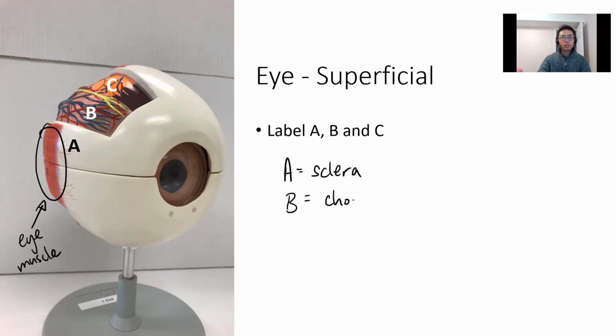B is the choroid. It's the vascular layer of the eye. You can see all these blood vessels and nerve endings. They will nourish the eyeball. C, that's the retina, where you will find the photoreceptors.